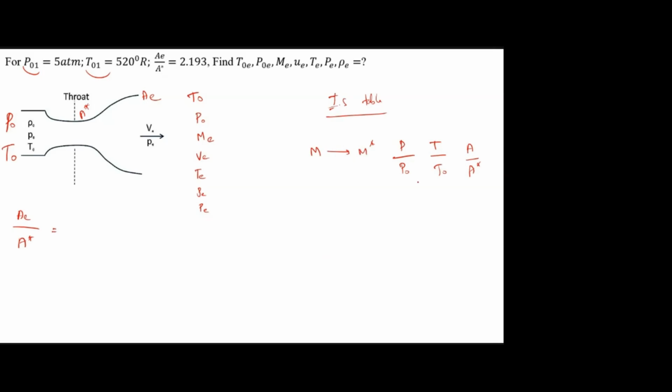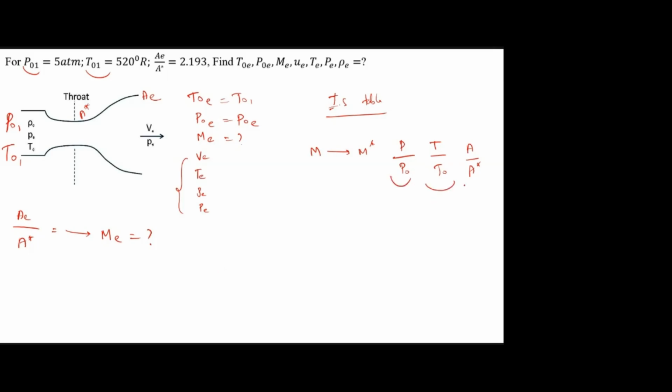So AE by A star you know, from that you can find the ME. Okay, next step, P naught 1, T naught 1 is equal to T naught E, P naught E, right? Yes, sir. So ME also we found, and these properties: velocity, temperature, pressure, density. We can use the isentropic table to find them.